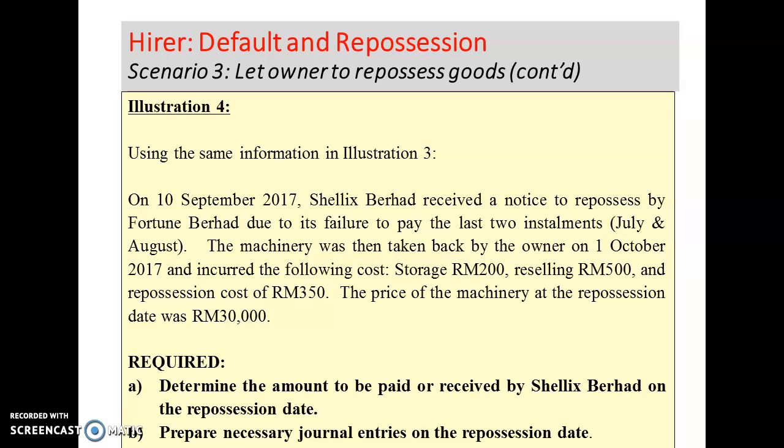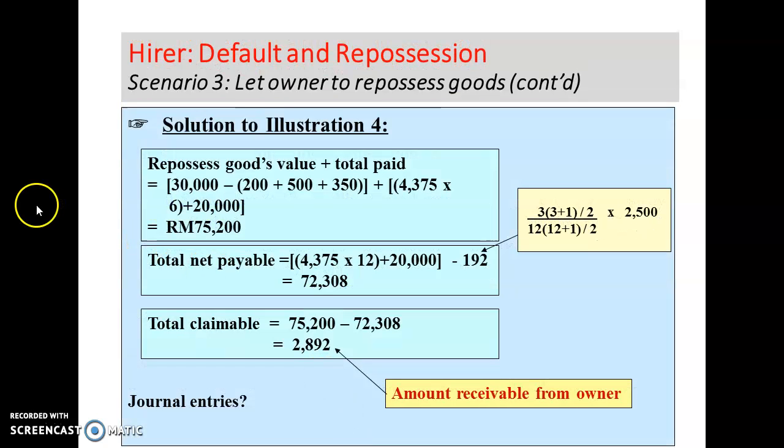Then we compare with the amount payable. That will determine whether you have to pay or receive the difference, and then we prepare the journal entry. Alright, let's look at the solution.